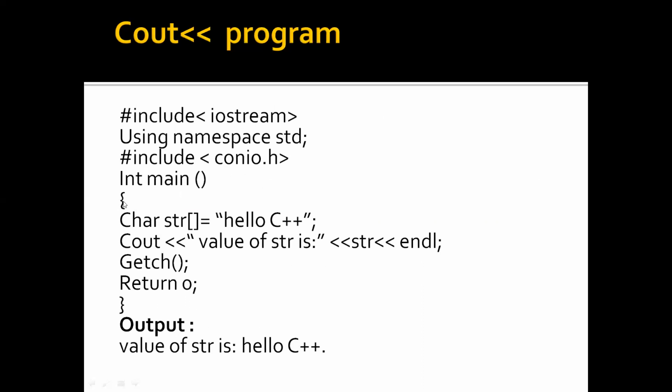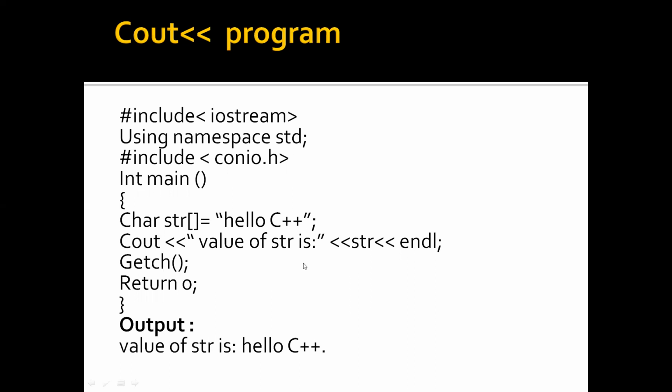In the main function, we open the bracket with a char string str, which holds the string you are giving: Hello C++. In the cout, we have given "value of string is", and the string you have given in the char, Hello C++, will be printed in place of str. And getch and return 0. This is how the output you will be getting.